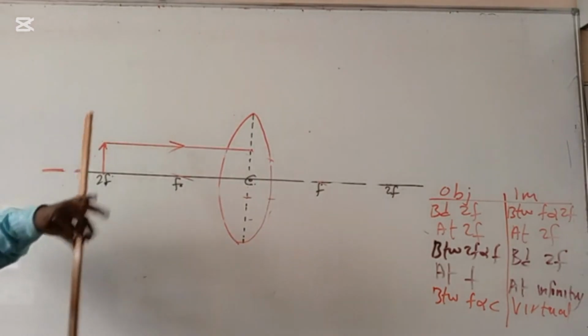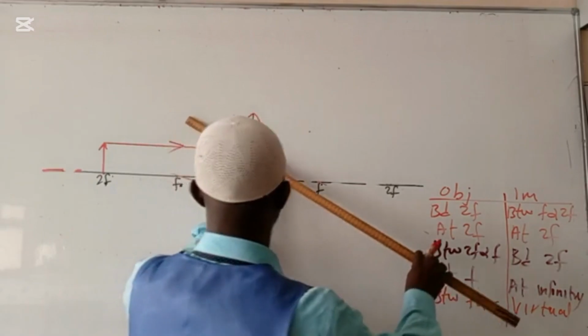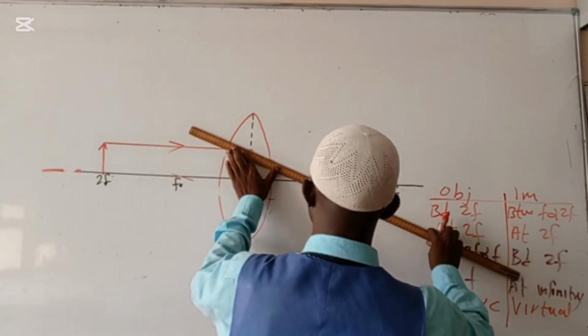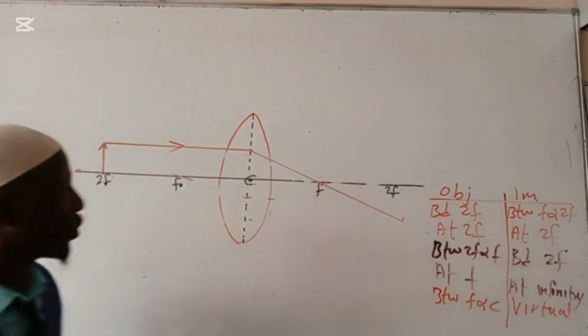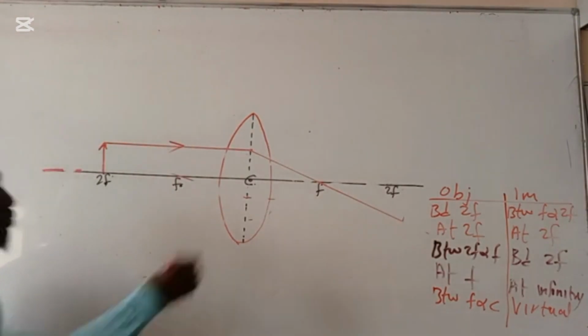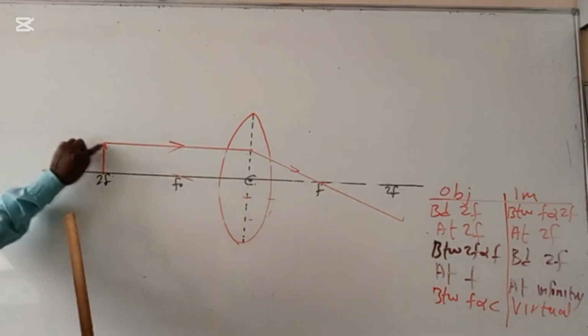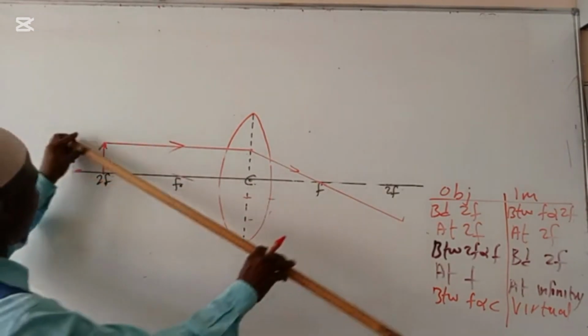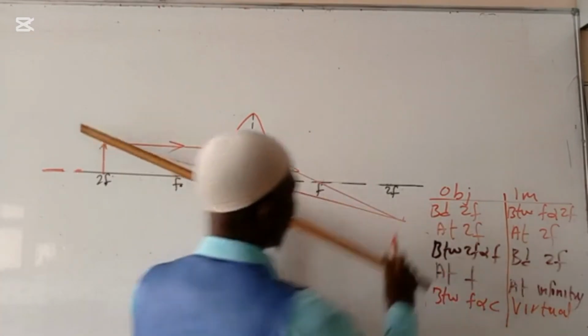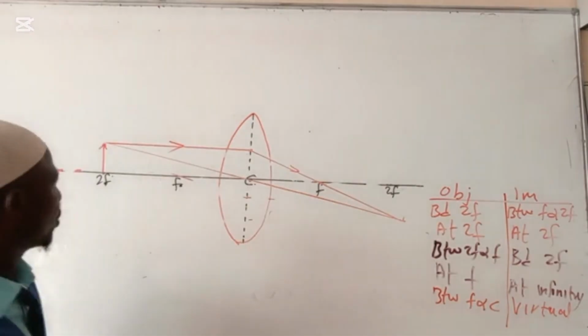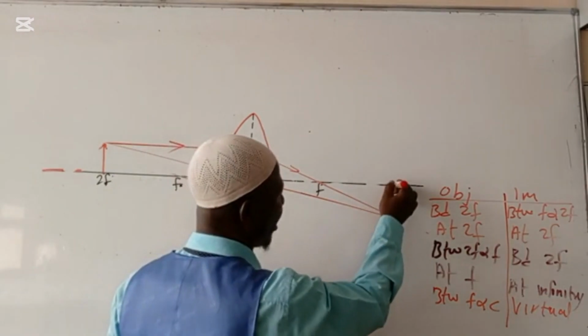It's going to the focus. Don't forget your arrow. Then the next one, you can use a ray through the optical center like this. Can you see it? So the two rays meet at 2F again.